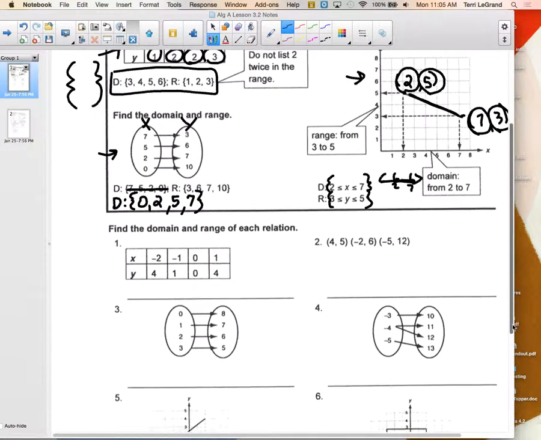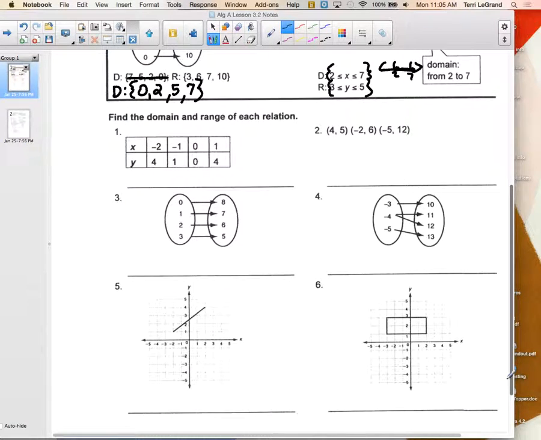Okay, we're going to go down here and practice all of those types. Okay? Number 1, what would be the domain, capital D, start our set notation. What would be the domain for this one? Noah? Numerical order, least to greatest. Okay, -2, -1, 0, 1.